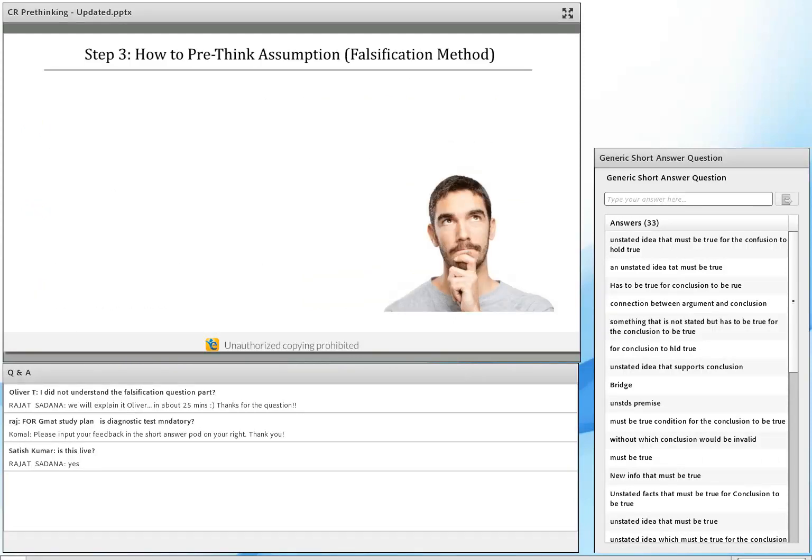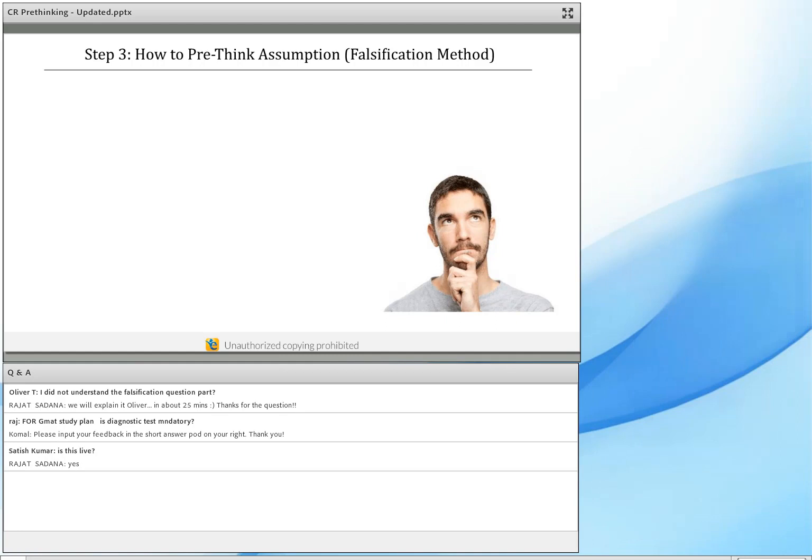It's not a bridge. Every assumption is a bridge, but every bridge is not an assumption. I just want to make sure that part is clear. An assumption is an unstated idea that must be true for the conclusion to remain valid.